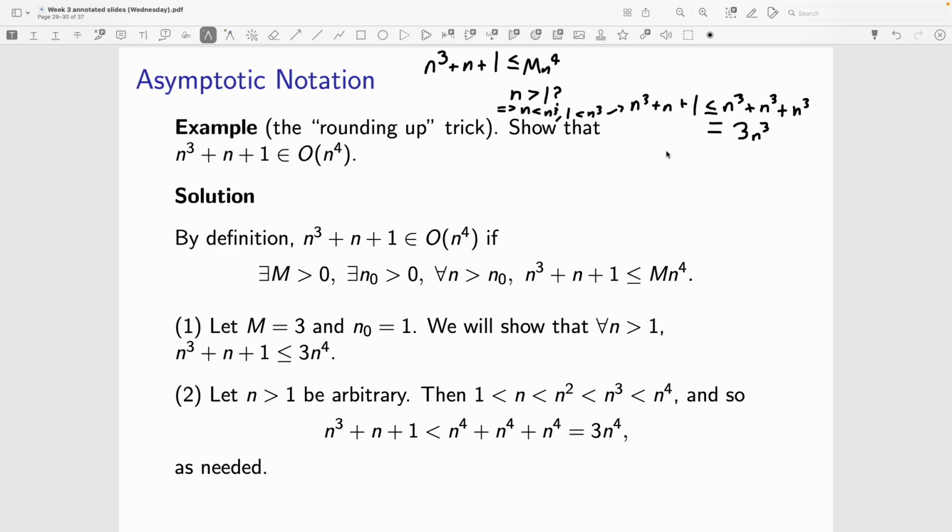The trick in question is that it sort of does a rounding trick a second time. n is greater than 1, which implies that n is less than n cubed, and that 1 is less than n cubed. It also implies that n cubed is less than n to the power of 4.